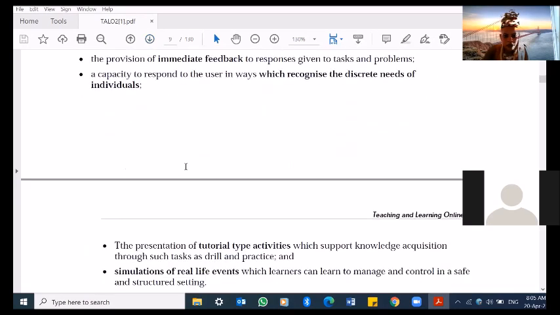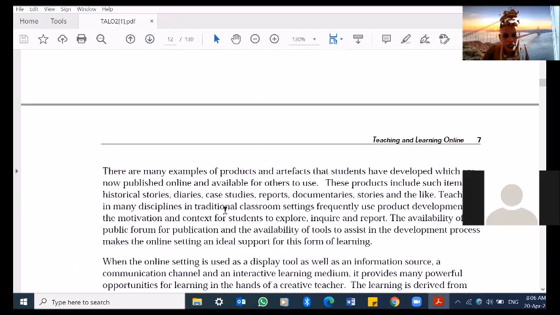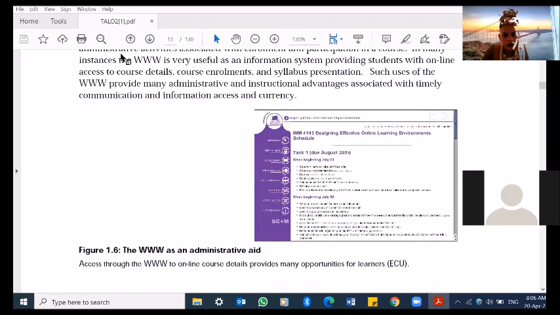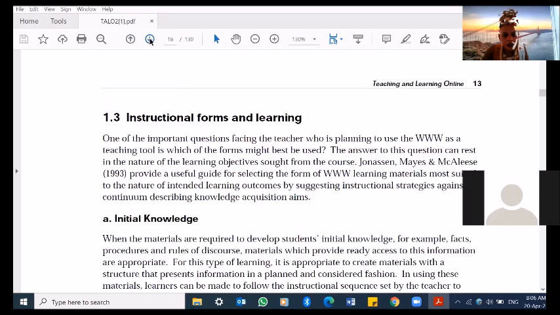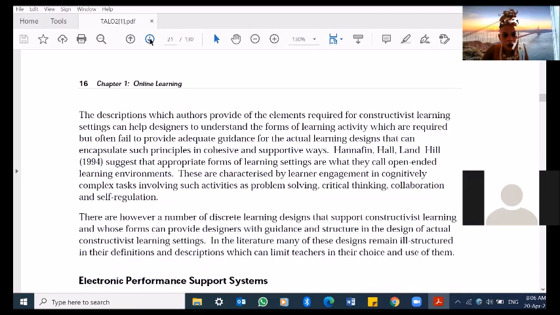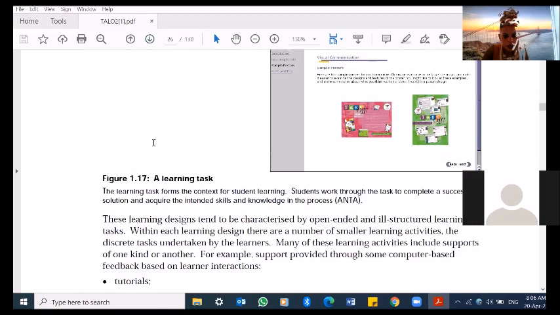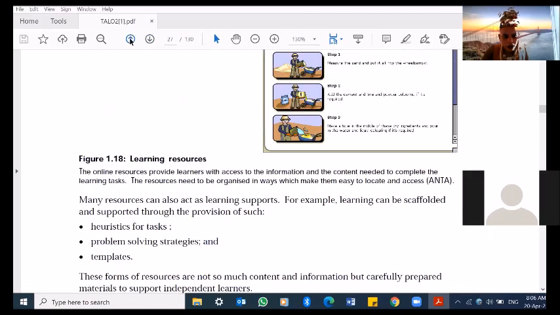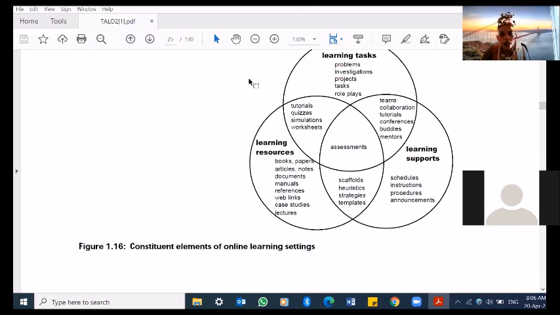I'm just going to look at one diagram here, which ties into what I'm talking about. Here, this is what I'm talking about.